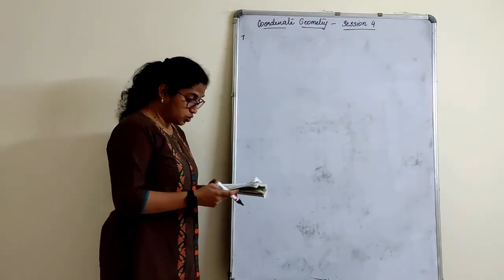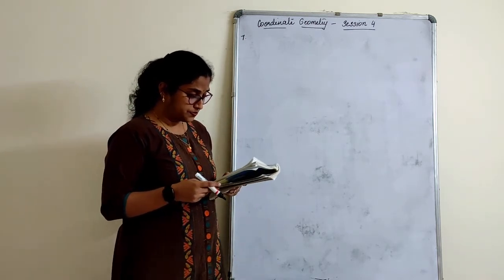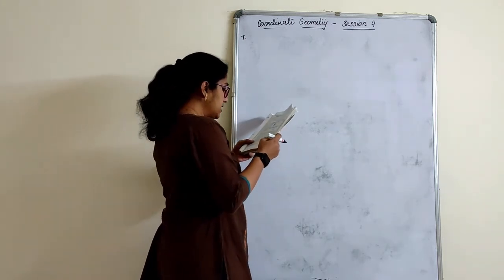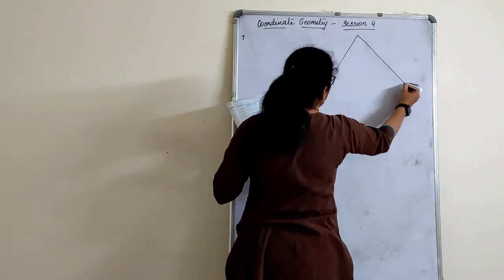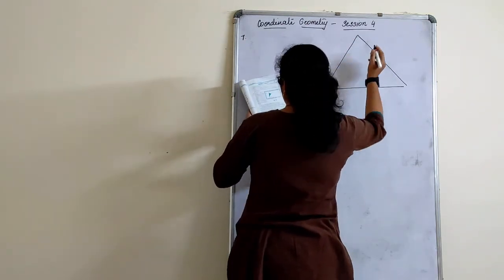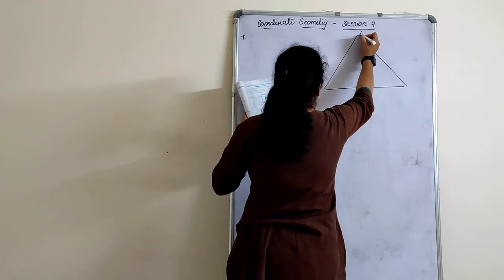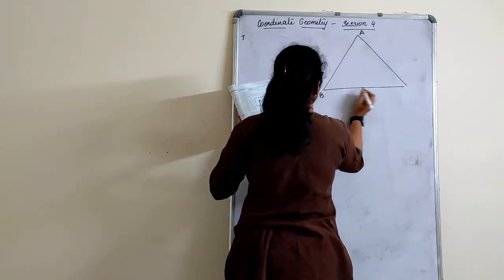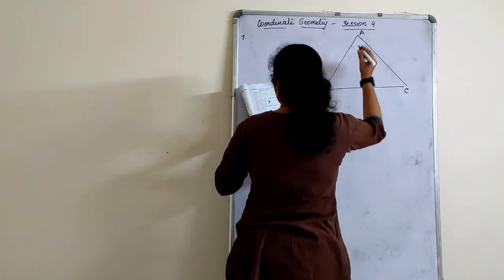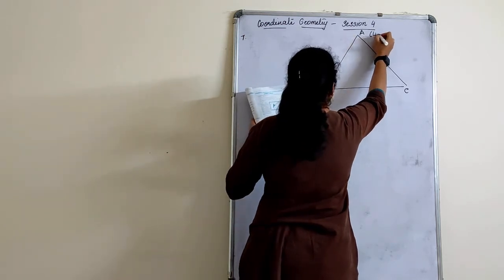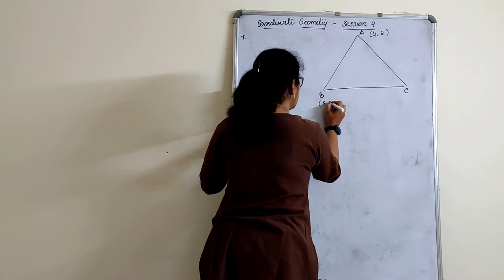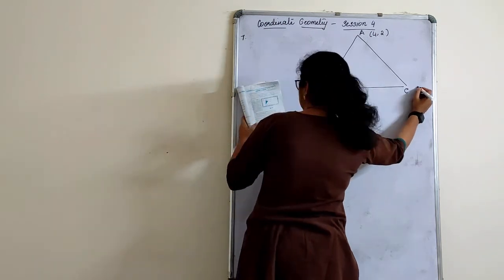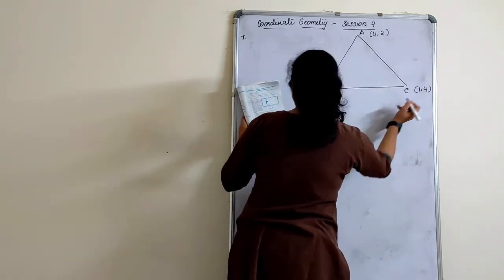We'll start with the next one, that is the 7th one. Let ABC be the vertices of a triangle. So, if I consider the triangle as A, B and C, the vertices given here are A is 4, 2, B is 6, 5 and C is 1, 4.